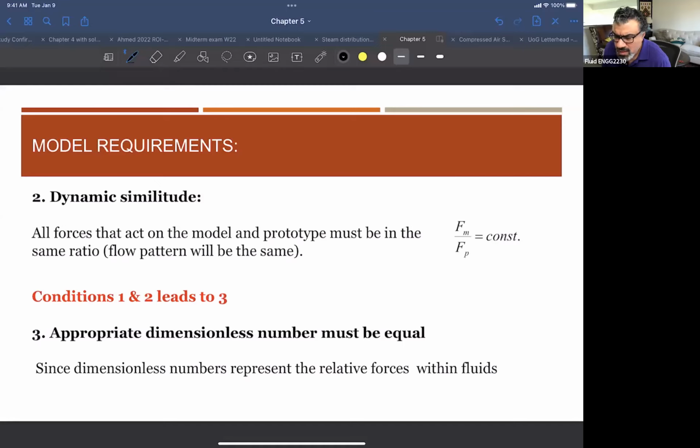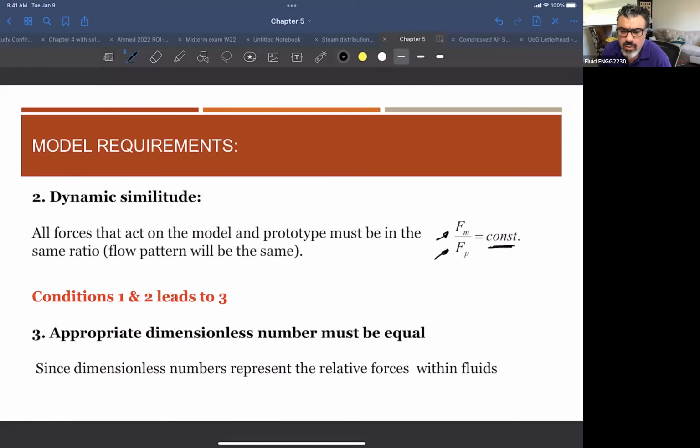So if you're building a huge machine, and you're building a small scale of this machine, the forces acting on the model should be somehow related to the scale that you are building this model from, right? So condition one is the geometrical similarity. The condition two is the force ratio: the ratio between the forces in the model and the forces on the prototype has to be constant.